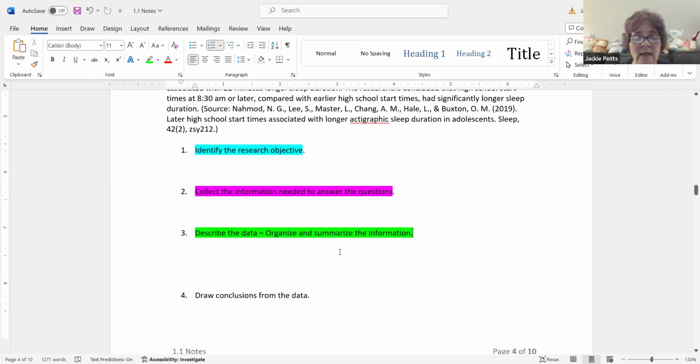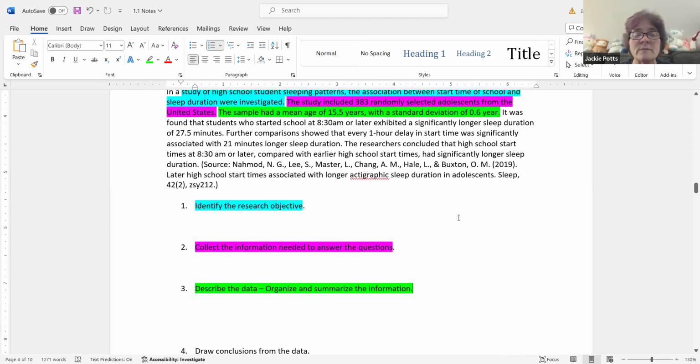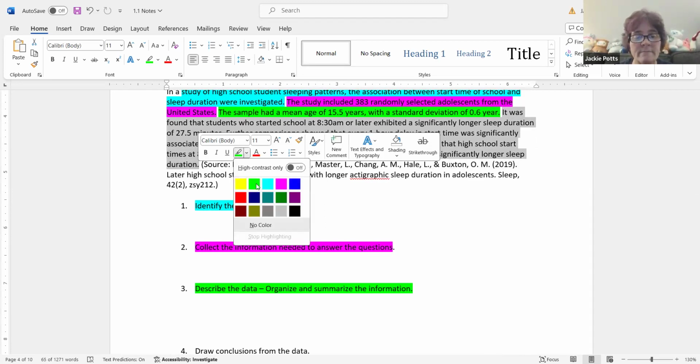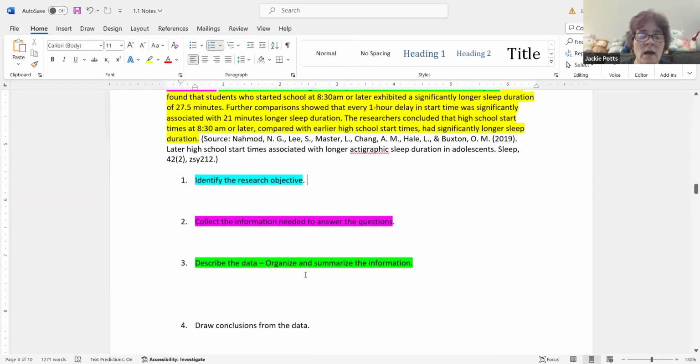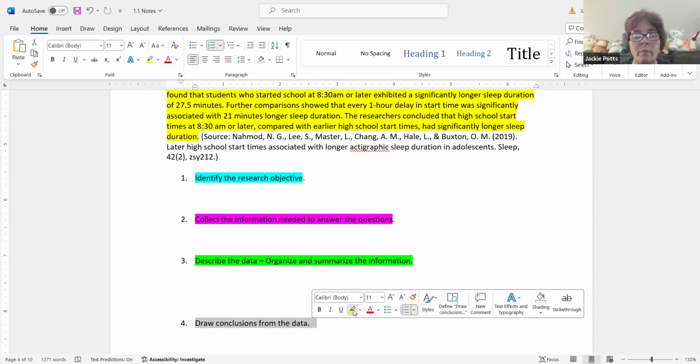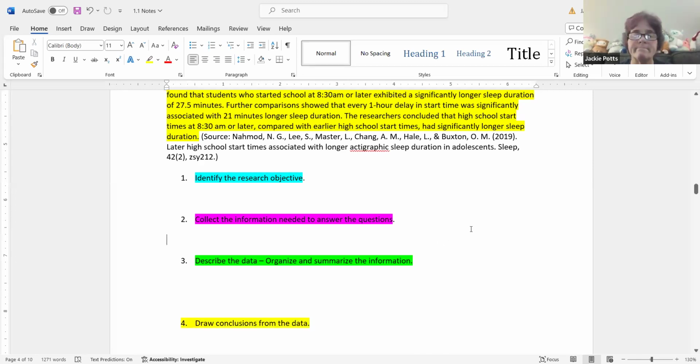So step 4 is draw conclusions. That's what this whole big chunk is, because it says it was found, those who started, because we're making a conclusion. Furthermore, of all those 4 steps, guess where we do the biggest portion of our writing? It is step 4.